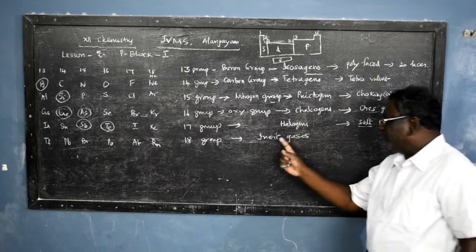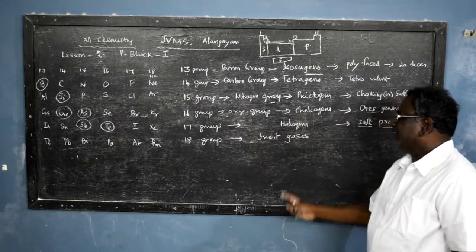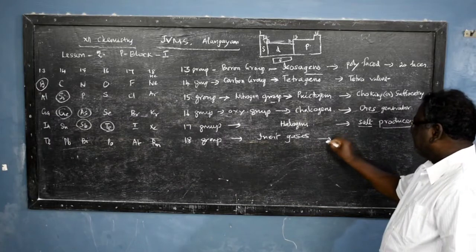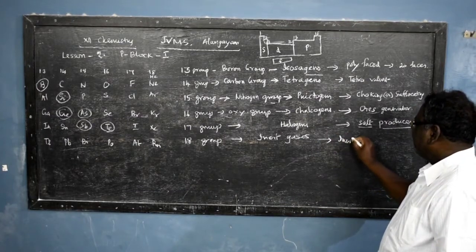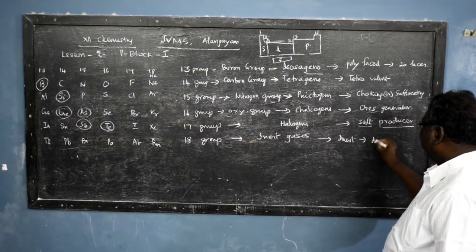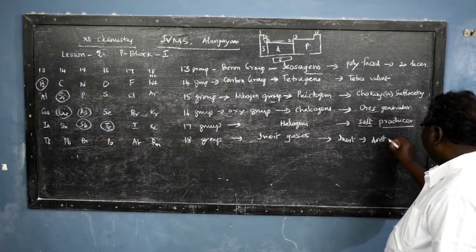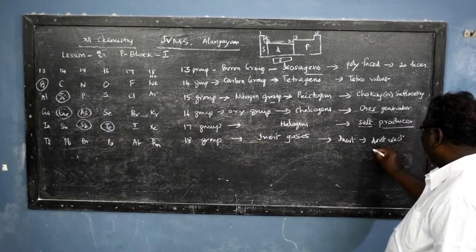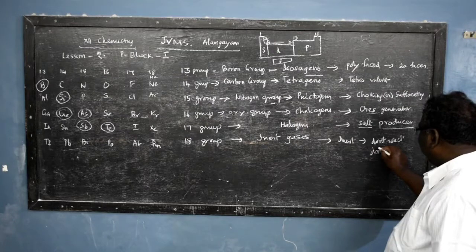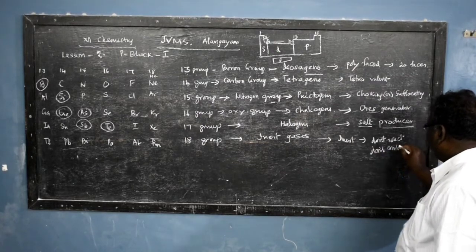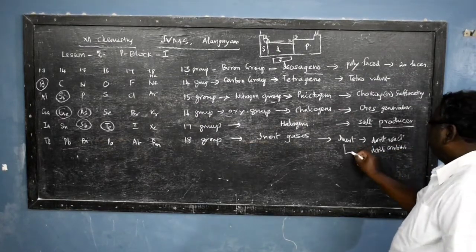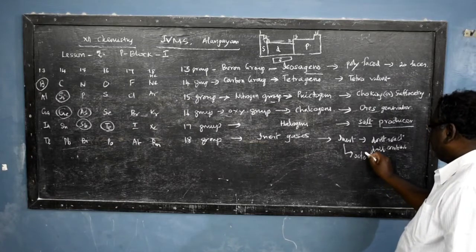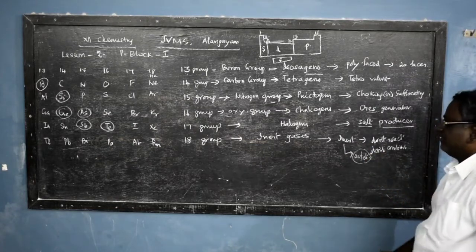Then the 18th group of elements is called inert gases. When I say inert, they don't react. They don't combine with other elements. Why? Because they have an octet structure in their electronic configuration.